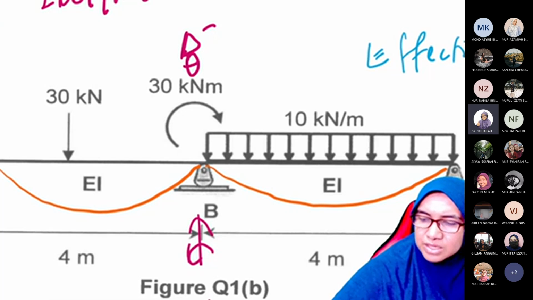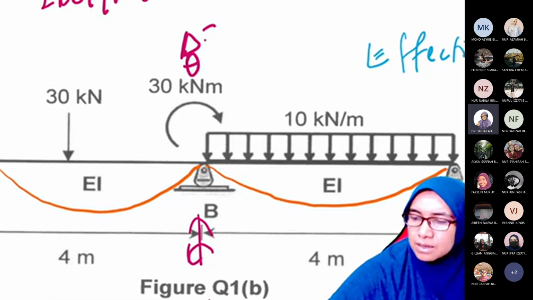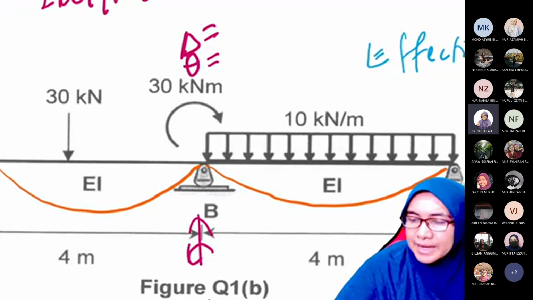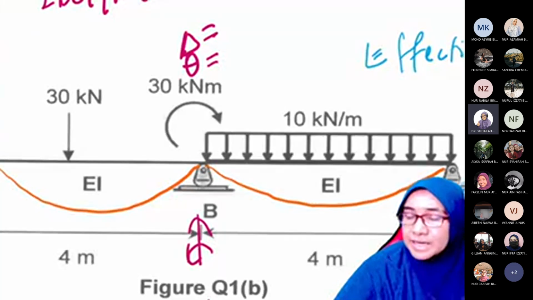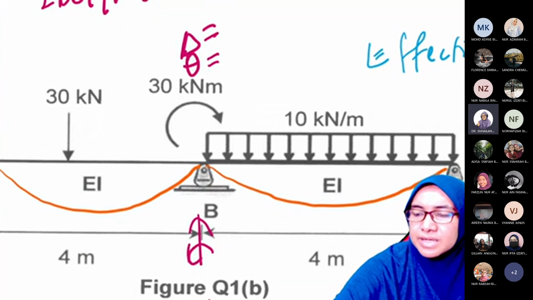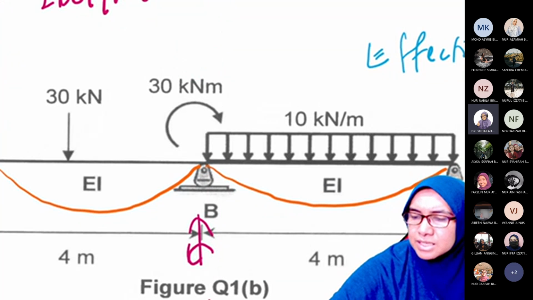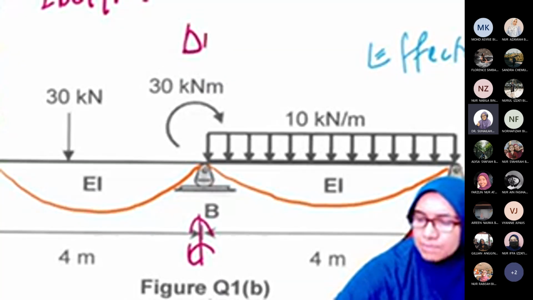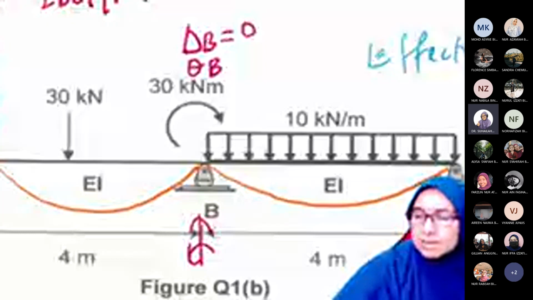Okay, from the deflected shape that we have, sketch. Ada delta B, ada theta B. So delta B and theta B ni mana yang 0? Delta B. Delta yang 0. Theta B, negative 30?